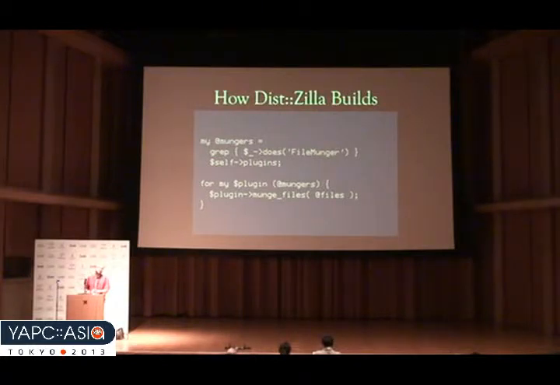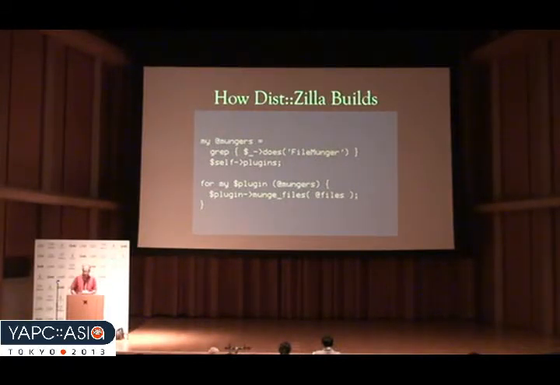So every plugin that does the role FileMunger gets a chance. Zilla is built using Moose, so all the plugins have roles, which are like traits or subclasses. And if you want a plugin to do any particular behavior, you give it that role.